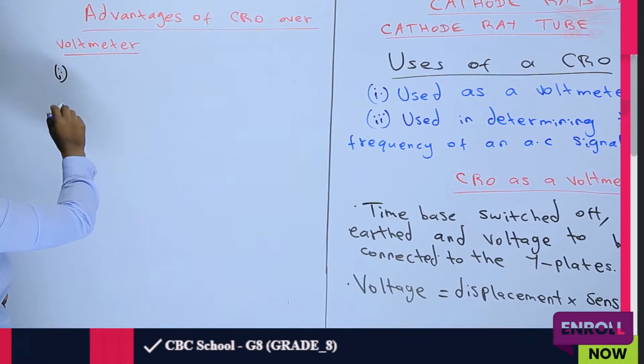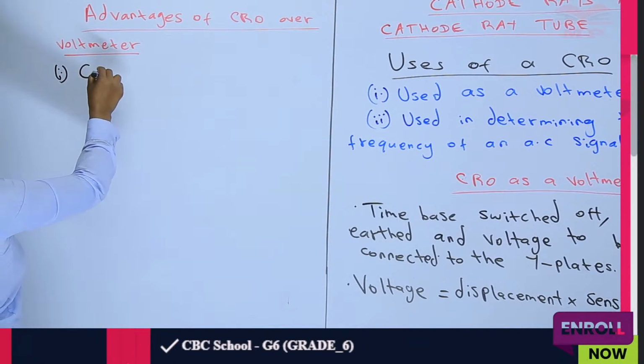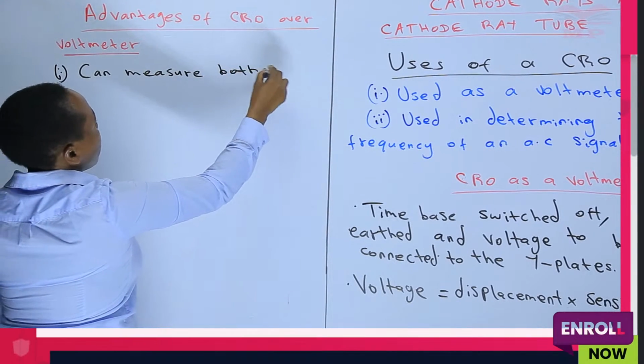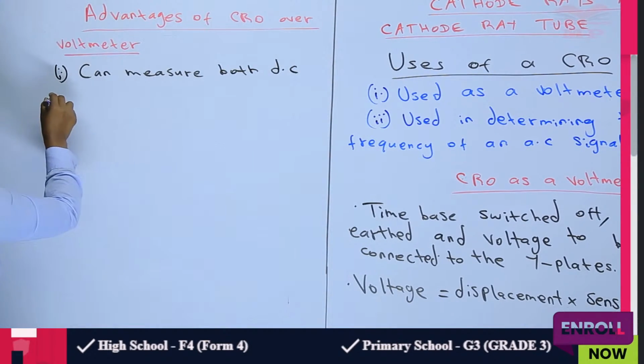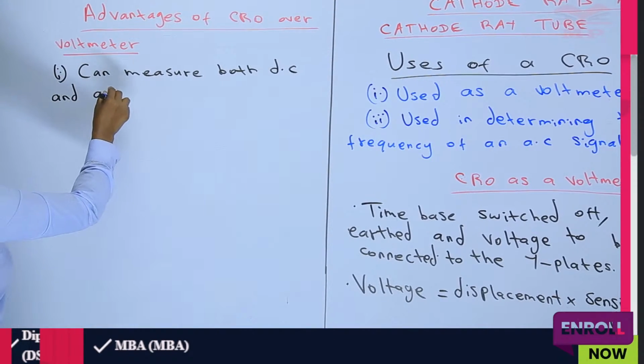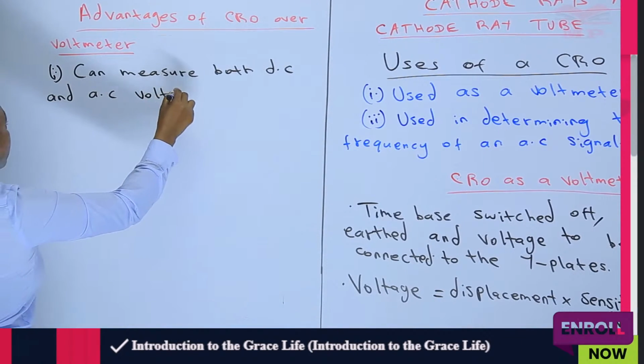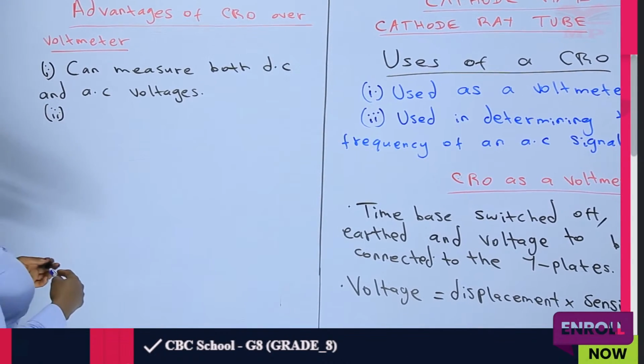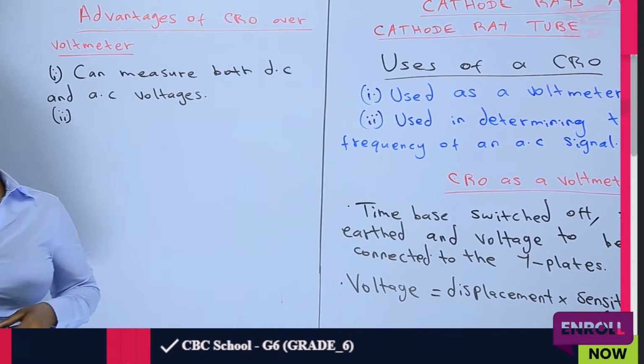But the CRO can measure both the direct current and the alternating current voltages. So that's one of the advantages of a CRO over the voltmeter.